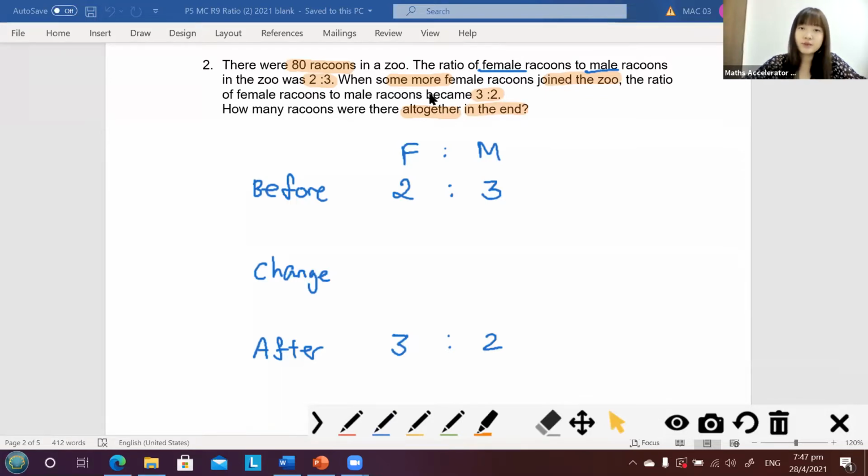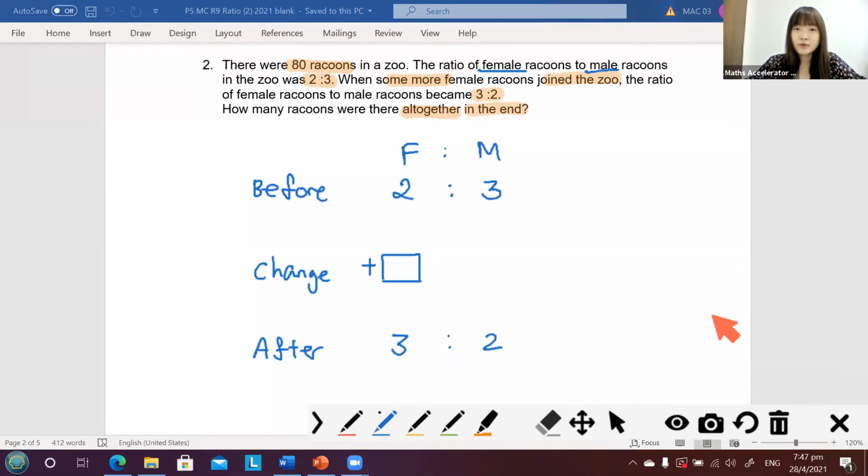Now when some more female raccoons join the zoo, this question didn't tell you how many female raccoons joined. So in this case, we just put a box here. We add some, but we don't know how many.